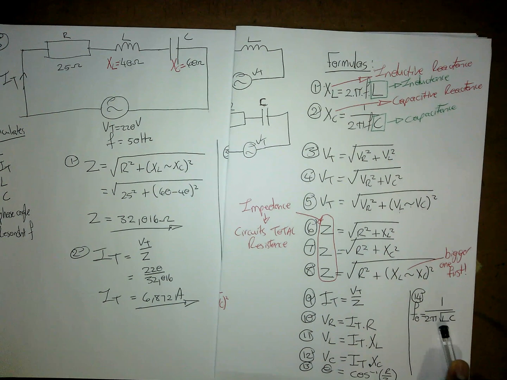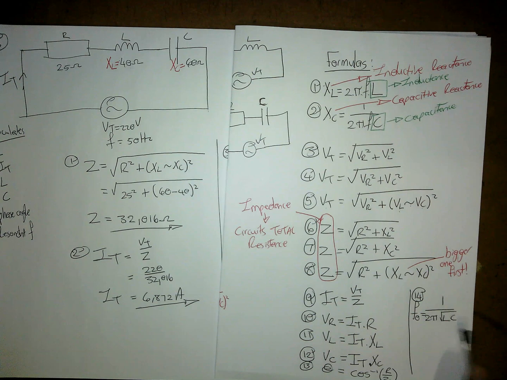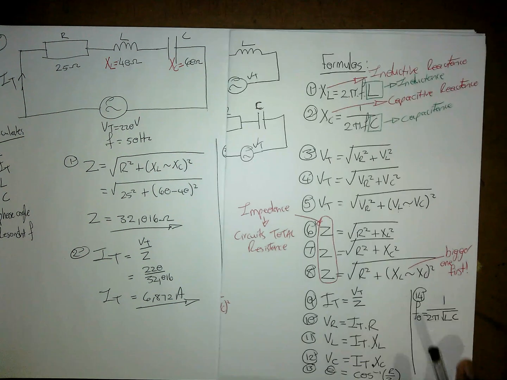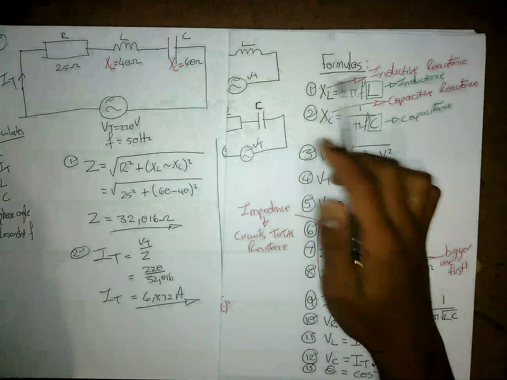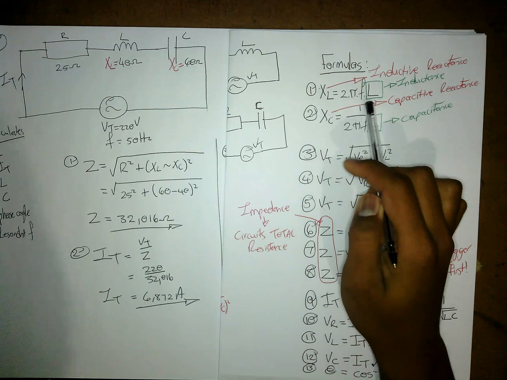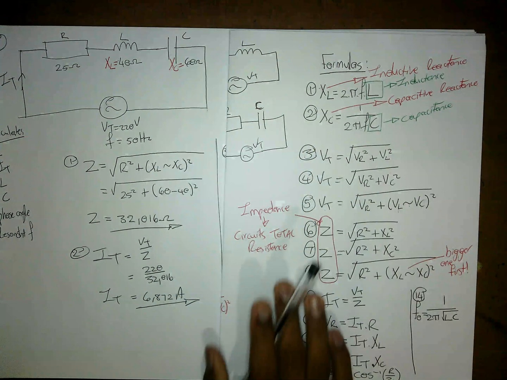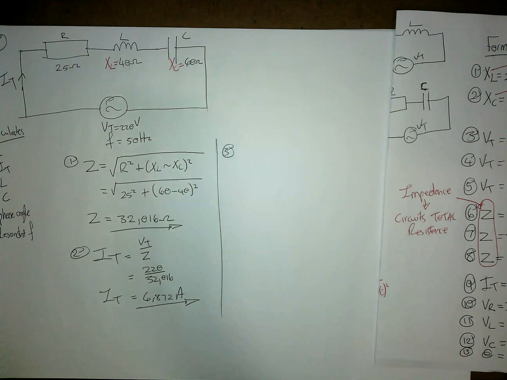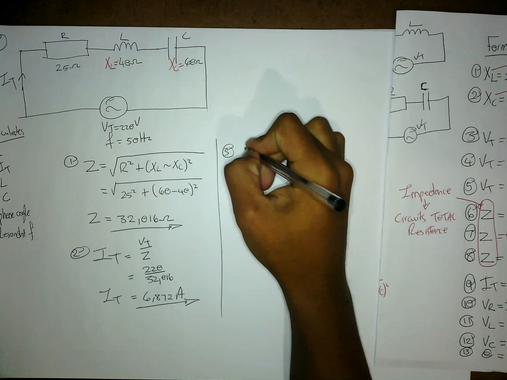It has our L and our C, but we don't have our C and our L, so we can't use this. We don't have our resonant frequency either, so we can't do anything. But we have a formula that includes the L, and we have the value of our XL. So all we do now is manipulate this one.